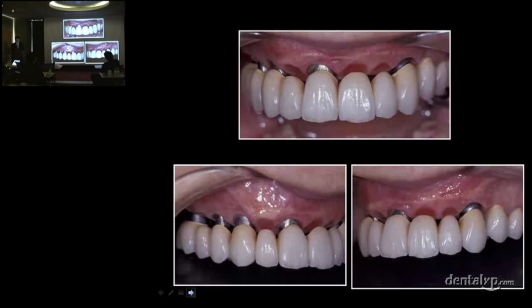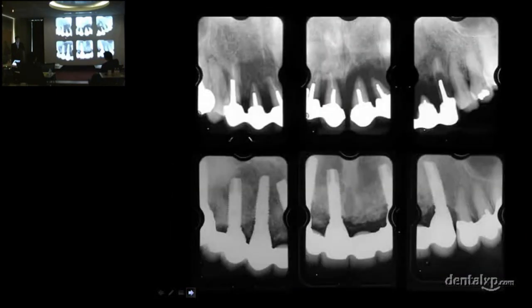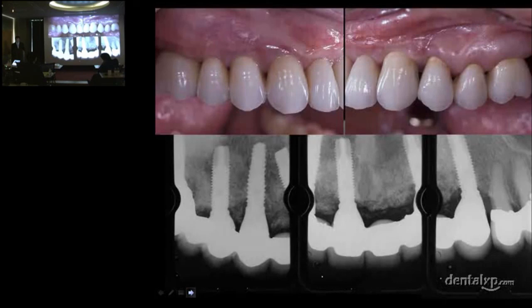In the anterior region, the use of pontics helped create good tissue contour. These are before and after the ridge was vertically augmented. Looking at these slides, it is quite difficult to guess which are the real teeth and which are the implants.